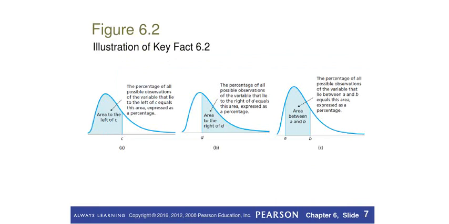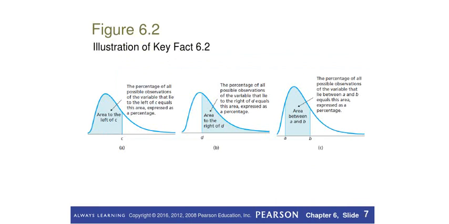So if we're looking at our density curve right here and we find a value C, let's say, that gives us an area under that curve, the percentage of all the possible observations of the variable that lie to the left of C will equal that area as a percentage.